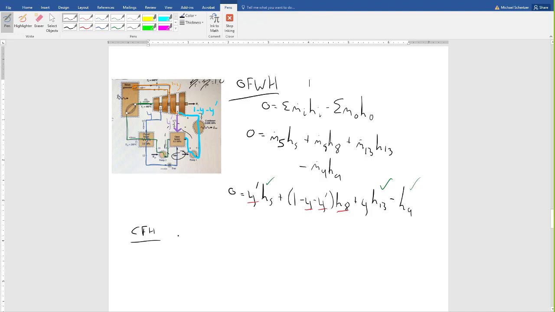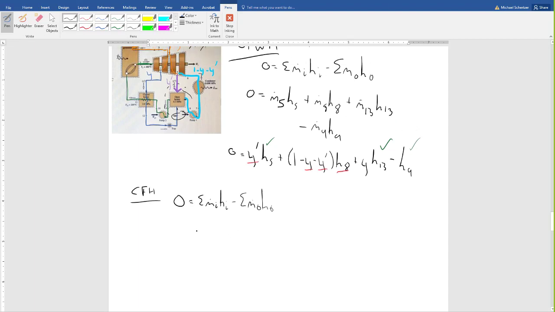So at the closed feed water heater, it's still 0 is equal to the sum of m dot in h in minus the sum of m dot out h out, because it was all the same assumptions. But here, I'm going to look at the blue line first, right? So this is going to be m dot times y times, I'm going to go in minus out on the blue line.